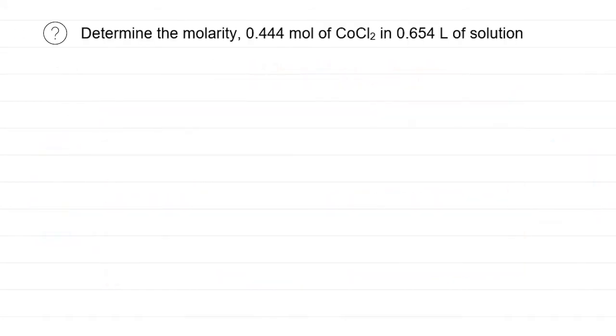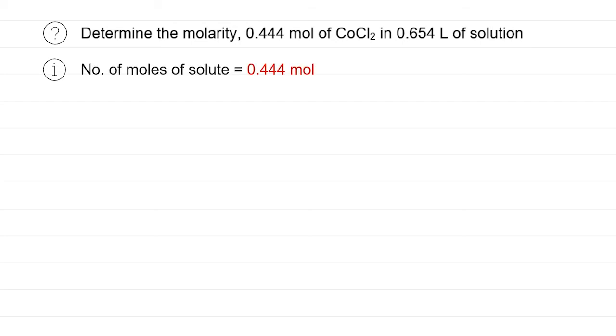Here we are going to look at a question to enhance your understanding. The question is, determine the molarity of 0.44 mole of cobalt chloride in 0.654 liter of solution.